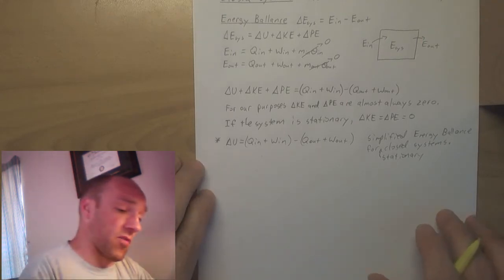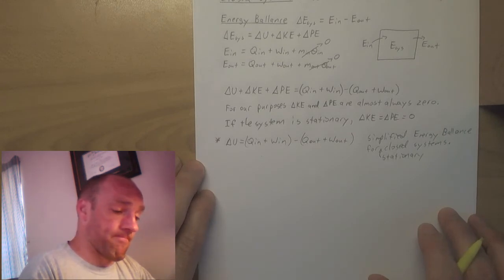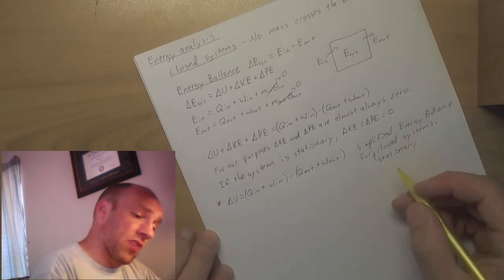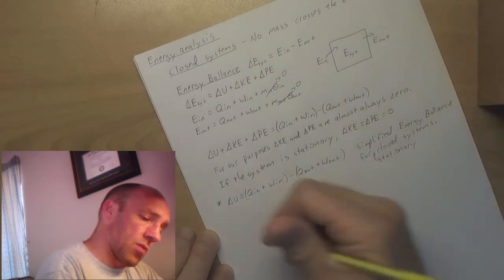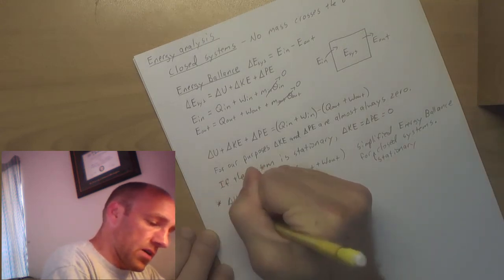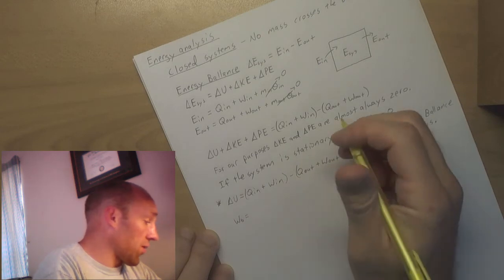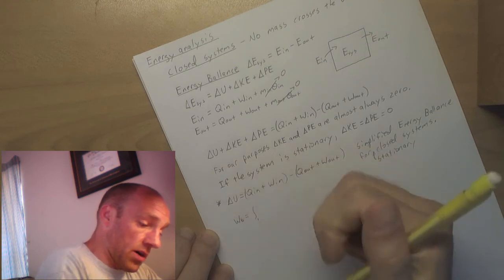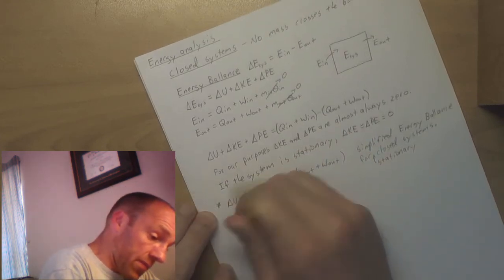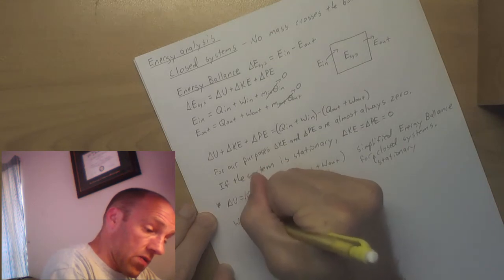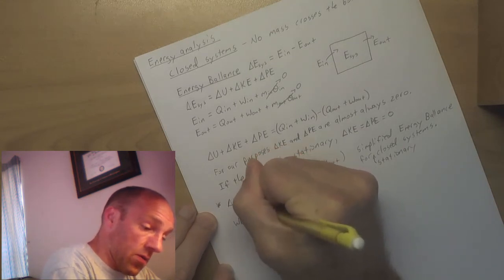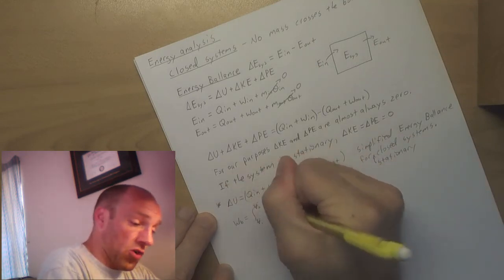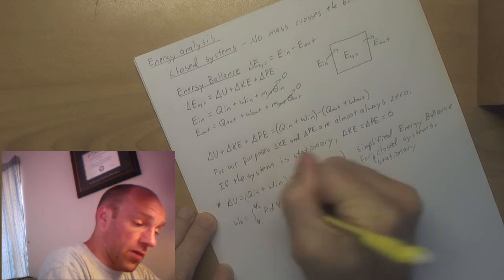I could rehash some of the stuff we've already done just to re-emphasize it. There are some special quantities that we're going to need to deal with, namely the boundary work, if you remember. I'm just going to write the formulas for that. So the boundary work is the integral from the initial volume to the final volume of the pressure integrated over the volume.